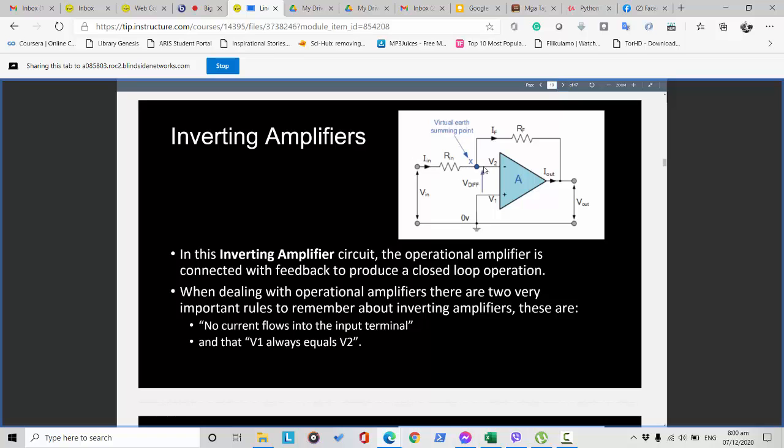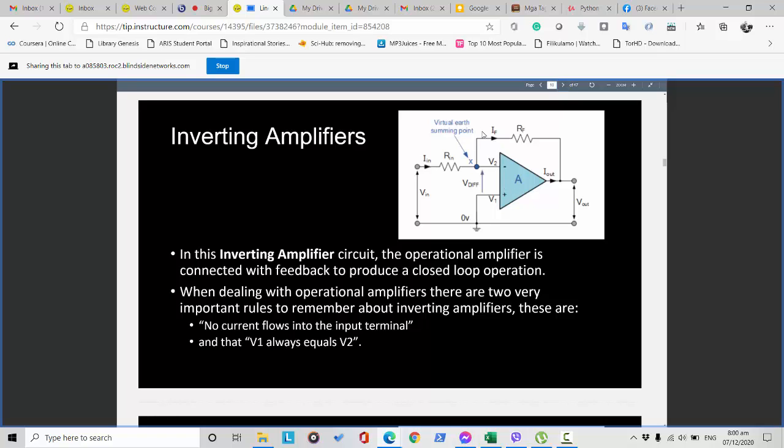And number two, V1 will always be equal to V2. So whatever the input is here in the inverting amplifier will also be the input to the non-inverting input of this amplifier.